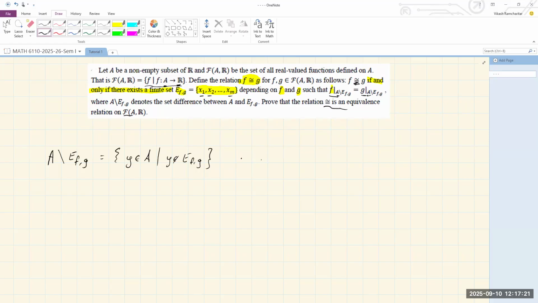An equivalence relation means it satisfies, so let me instead say we are required to prove that this relation is reflexive, symmetric, and transitive. Okay, so let's try reflexive first.